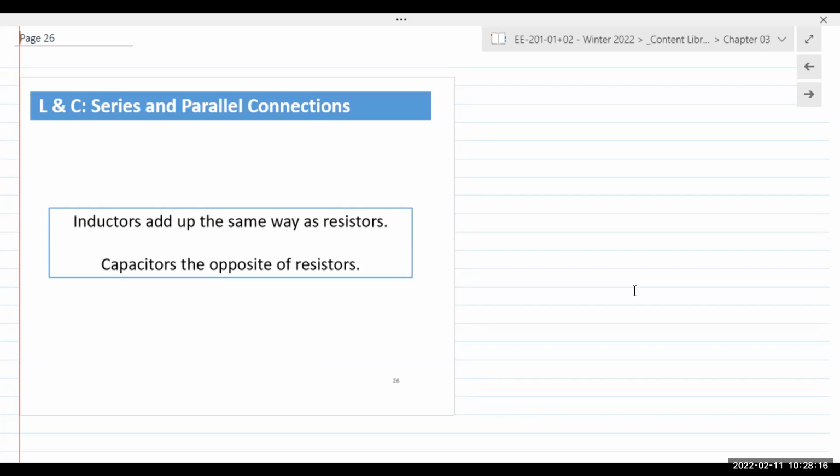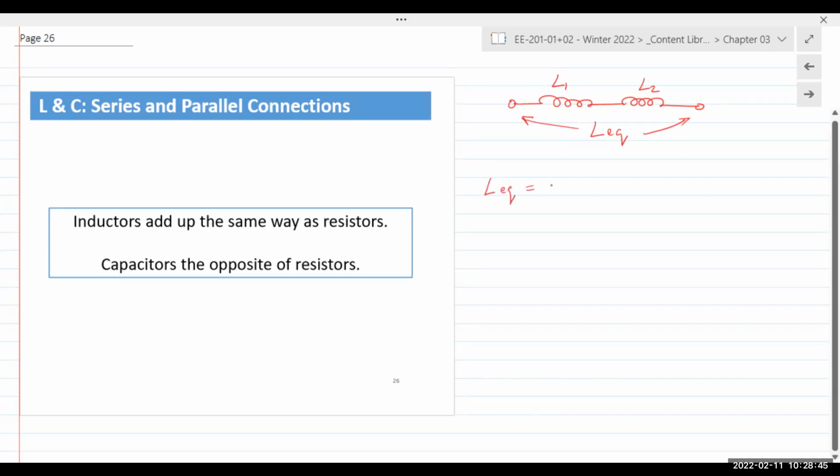In the same manner, we can reduce the inductors and capacitors in a circuit. So if we have L1 and L2 in series, the same conditions apply for series and parallel, right? You have two components, they should be connected at a node. There should not be more than two components at that node. Then they are said to be in series. So LEQ would simply be L1 plus L2.